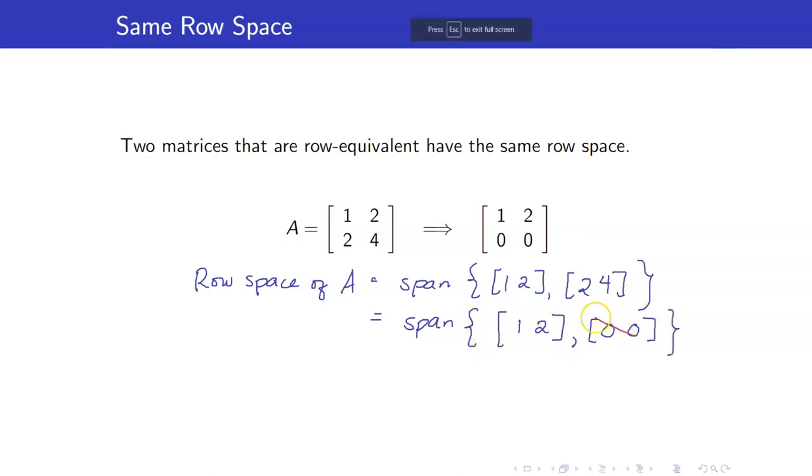However, we can drop this, correct? Because if we delete this, the span of (1, 2) and (0, 0) is just the same as the span of the row vector (1, 2). Actually, from here also, we can delete the row vector (2, 4) since it is just a linear combination of (1, 2). So in particular, the row space of A is just spanned by one row vector, and that is (1, 2).